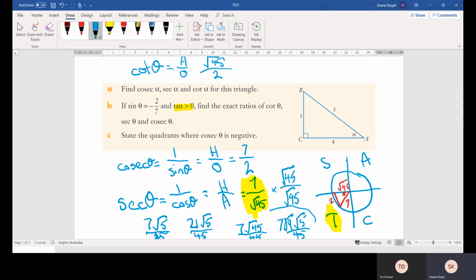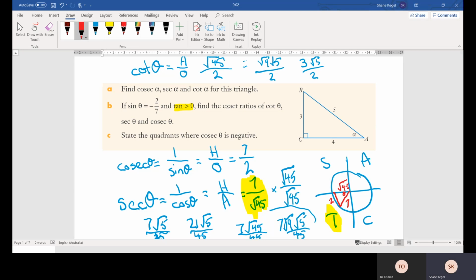So that's perfectly acceptable there. I could even bring it back down like what we did here, which equals root 9 root 5 on 2, which equals 3 root 5 on 2. But that's not 100% necessary.